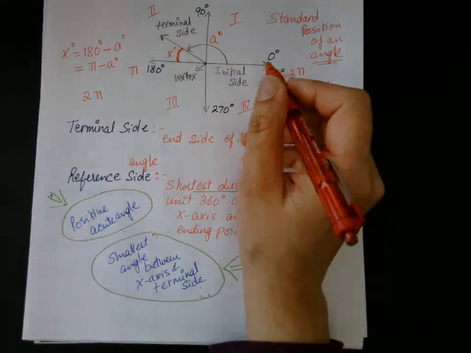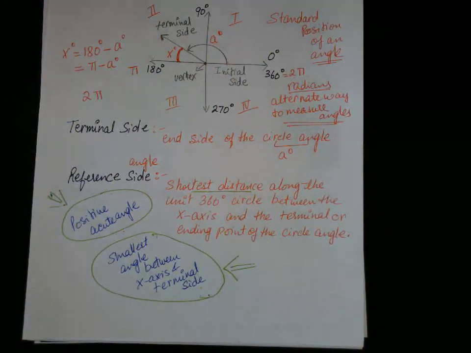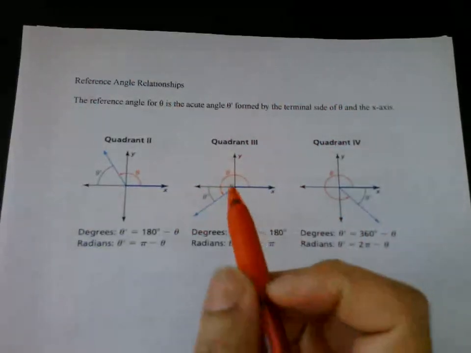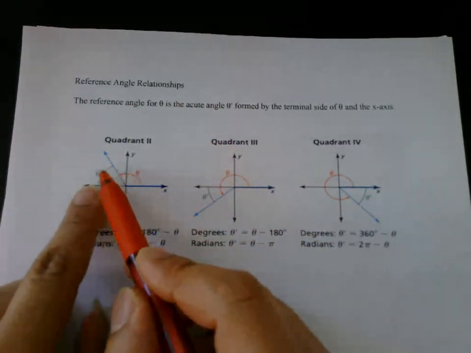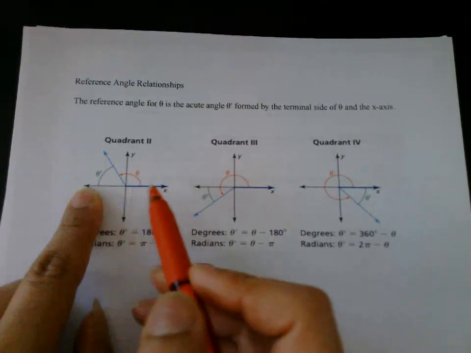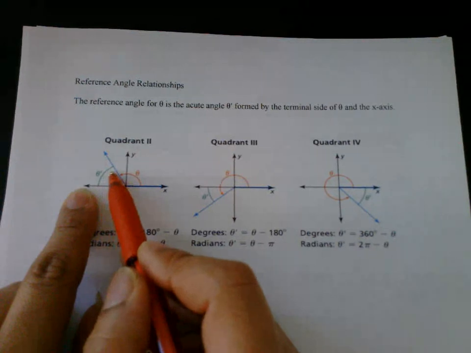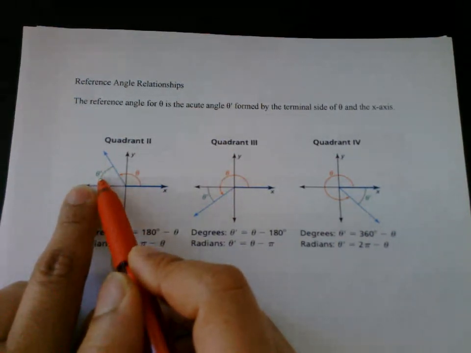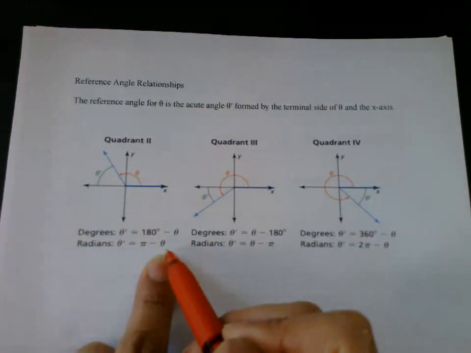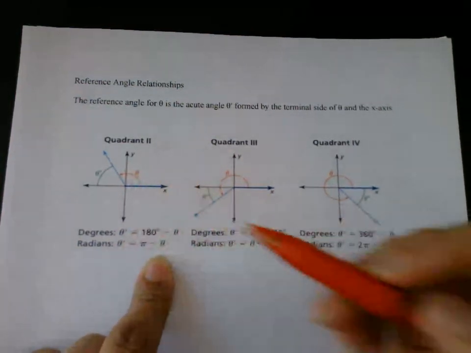Now, what will happen if our reference angle ends up in the fourth or third quadrant? As we discussed in the previous example, the reference angle was in the second quadrant, so we said we can find the reference angle, which is in green in this case, as 180 degrees minus the circle angle theta, or pi minus theta.